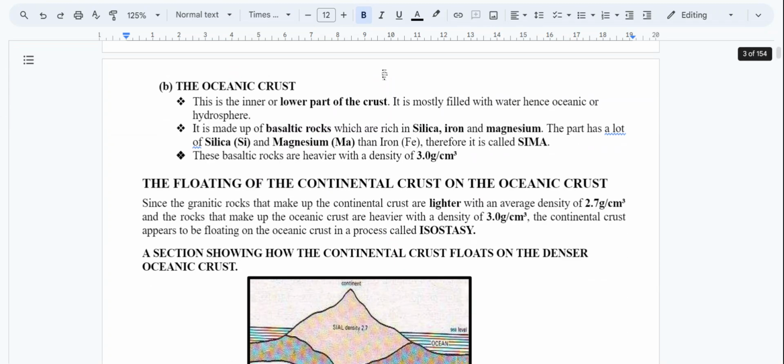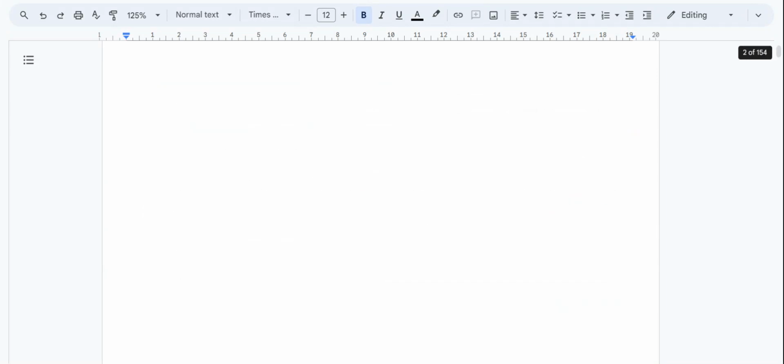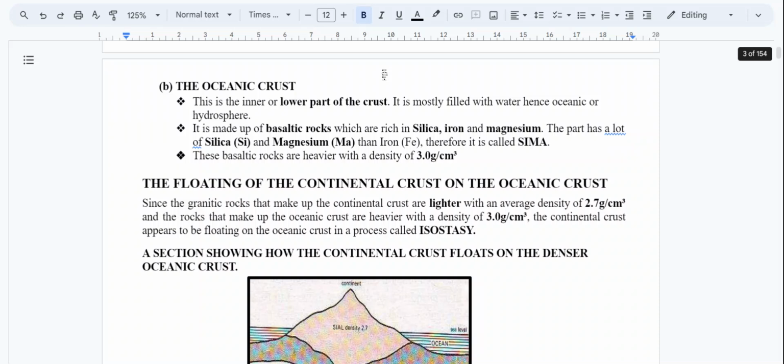Let's come to the oceanic crust. We have two parts of the crust: the oceanic and the continental. The oceanic crust is found at the lower part of the crust, mostly filled with water, at the bottom of the ocean.